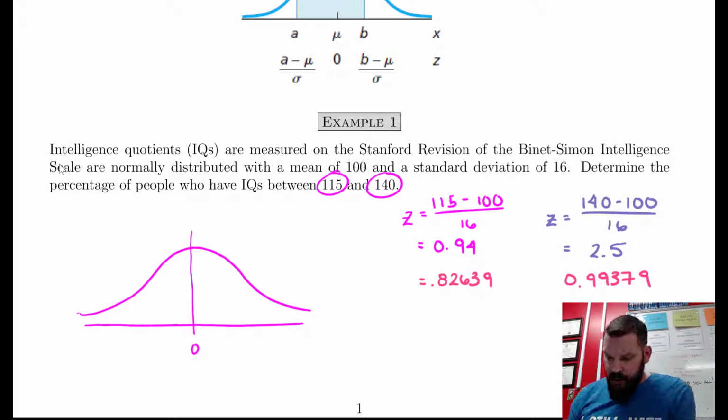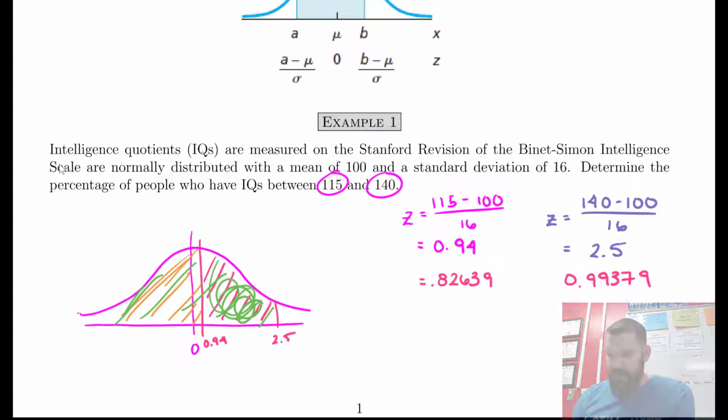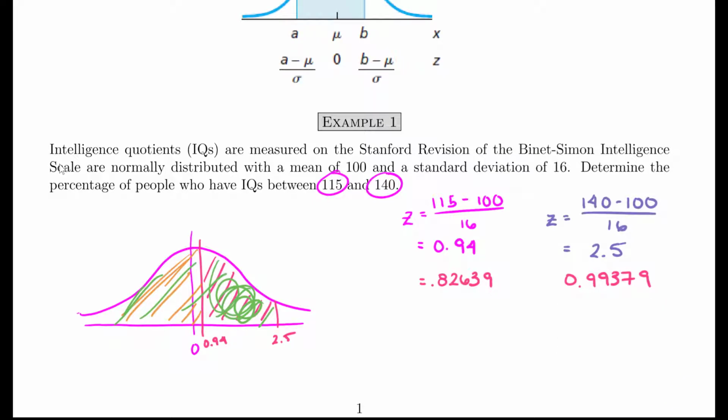So remember what we're looking at here. If I shade this, we'll say that this is 0.94 and here's 2.5. We're trying to find this region right here. The 0.94 gives us everything to the left of 0.94. The z-score for 2.5 gives us everything to the left of 2.5. So we're finding this region by subtracting the lower bound from the upper bound, and we would get 0.99379 minus 0.82639.